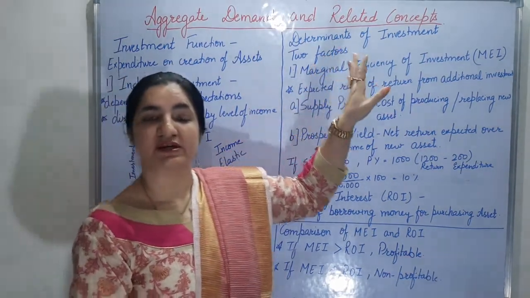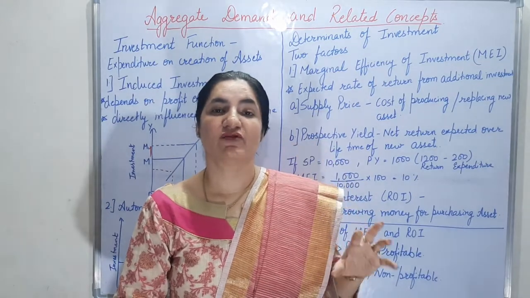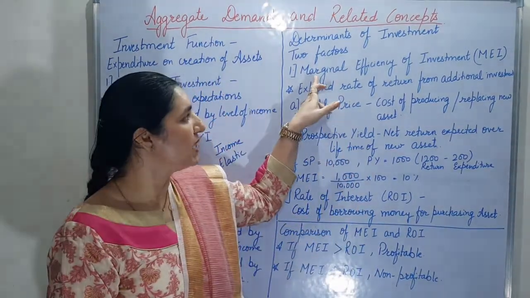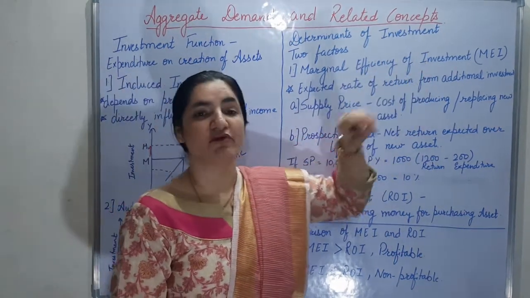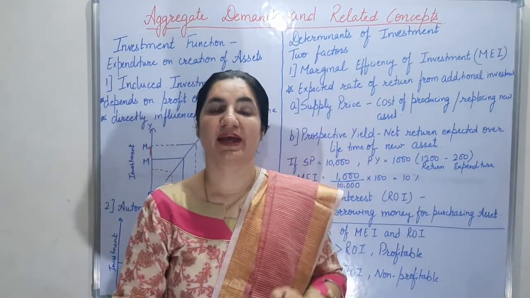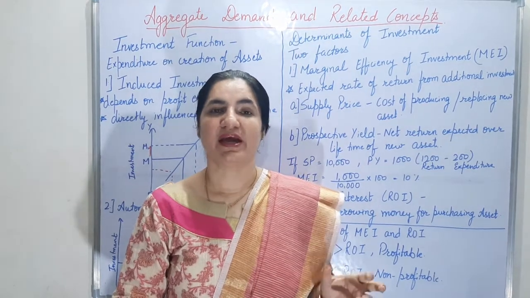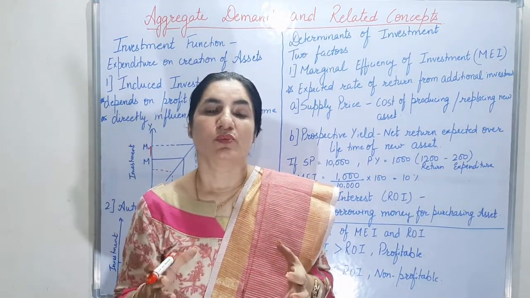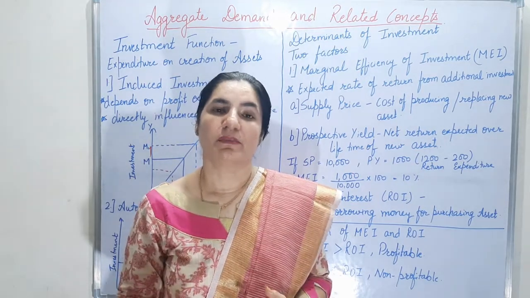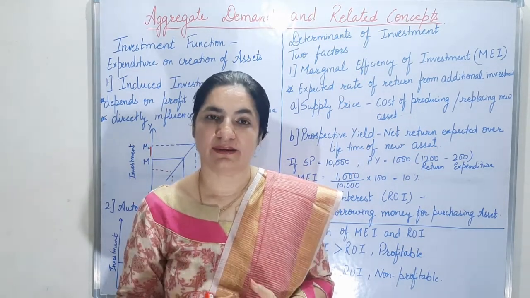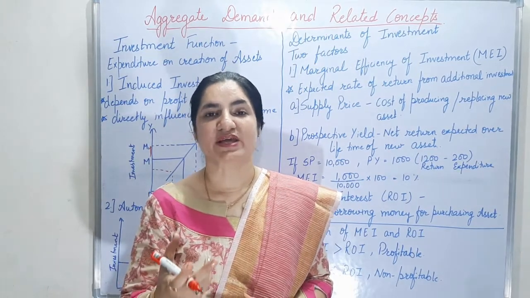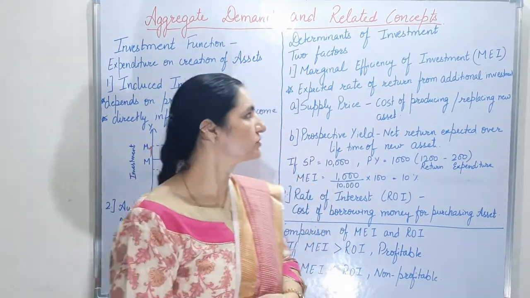There are two factors on which investment depends. First is the marginal efficiency of investment, which we call MEI. MEI is actually the percentage which the firm will be able to earn after making that investment, and it is always calculated in percentage.